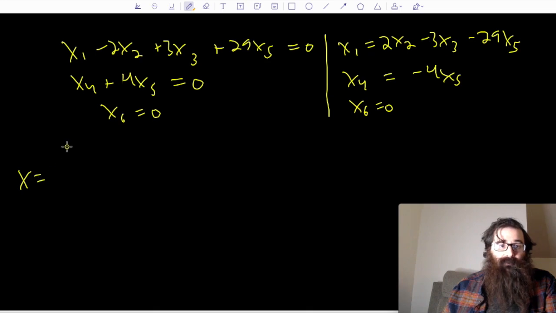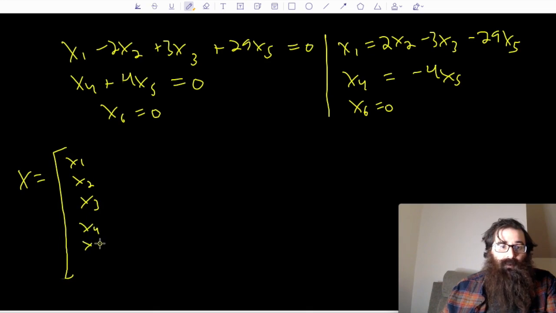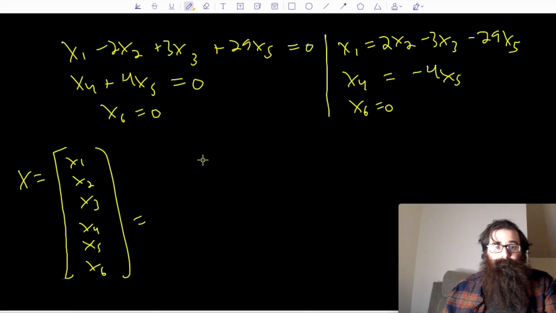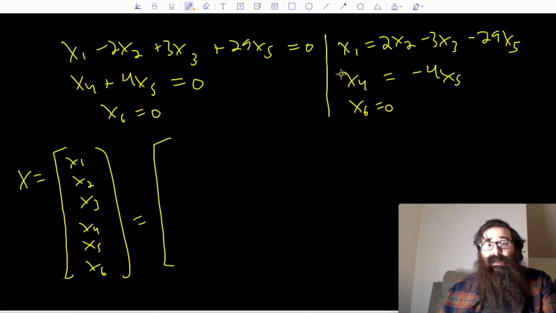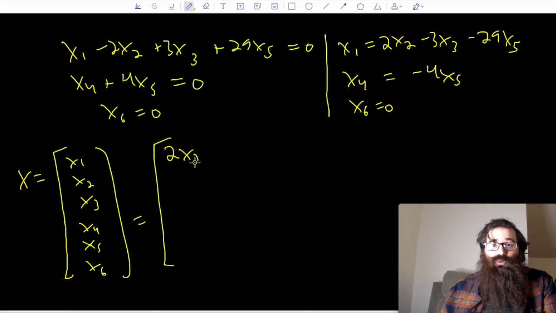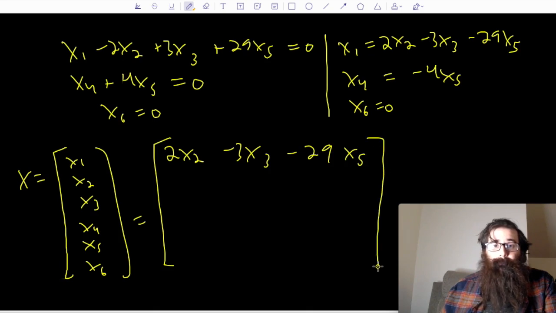These are going to be big vectors. So x has x of 1, x of 2, x of 3, x of 4, x of 5, and x of 6 to consider. And x of 1 actually has all of my free variables. That's 2x of 2 minus 3x of 3 minus 29x of 5.